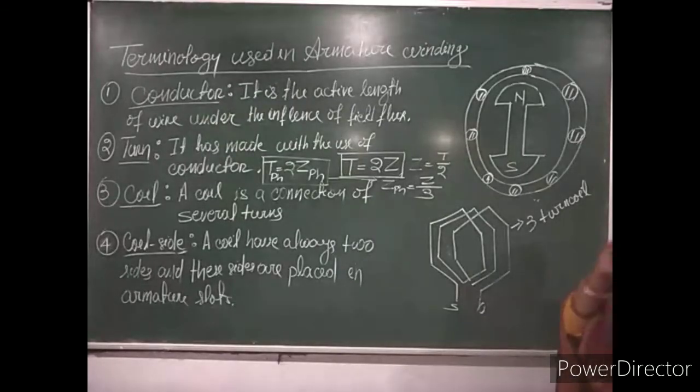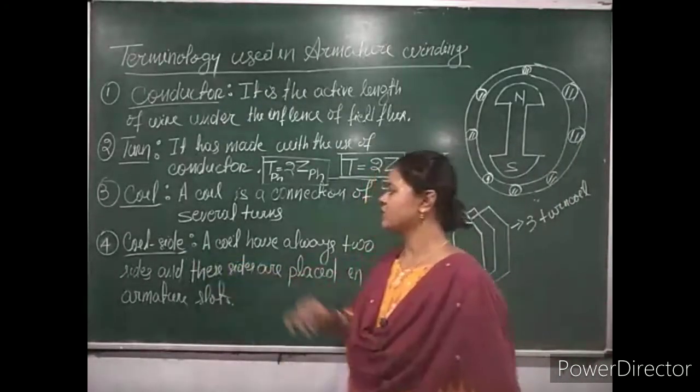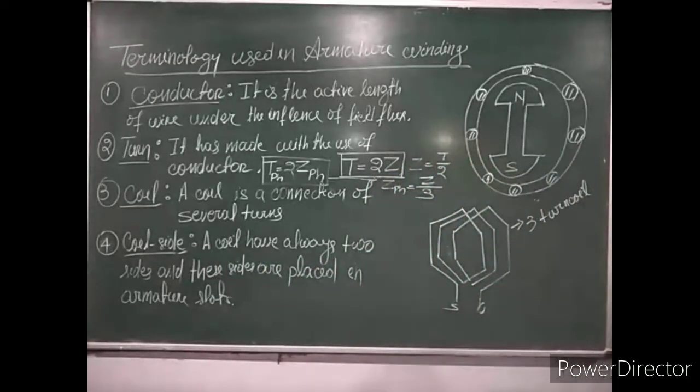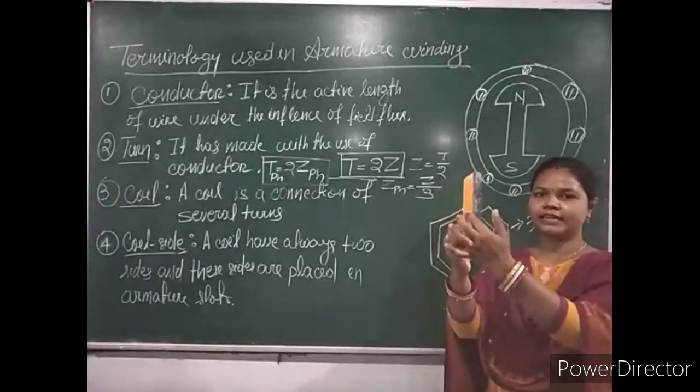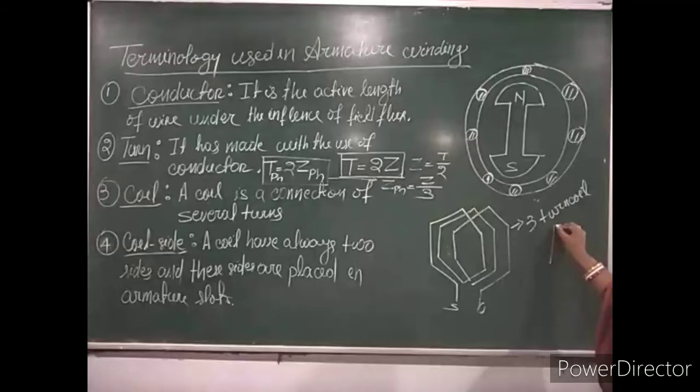Next we will discuss coil side. What is a coil side? A coil always has two sides. By name, coil side clearly means the side of a coil. Suppose it is a coil, it has two sides, this side and this side. If I draw a single turn coil, this is the starting point, this is the finishing point.